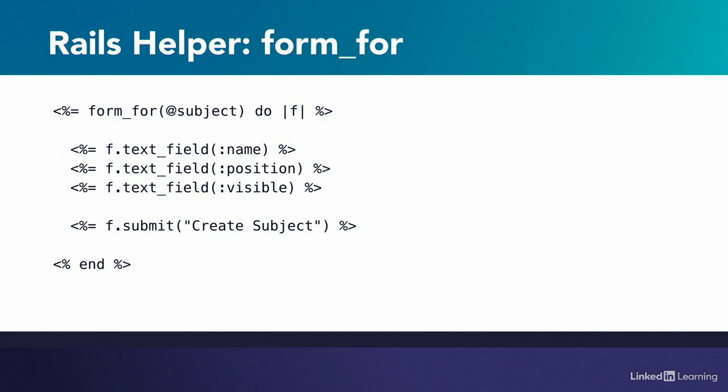Also, if it's an existing object, it knows to pre-populate all of those text fields with the existing values. Our other HTML versions didn't do that. We would have had to write code that would drop in the existing values. There are many variations on these forms, and there's lots of other helpers that you can explore. But let's apply these basics so that we can create forms for our create, update, and delete actions.